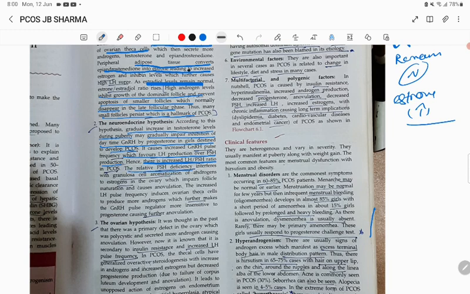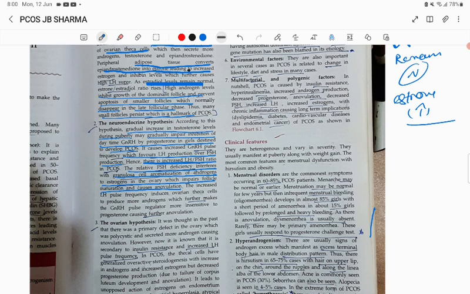What happens when there is relative FSH deficiency? It will prevent aromatization within the granulosa cell, the aromatization of androgen to estrogen in the ovary, which impairs follicle maturation and causes anovulation.